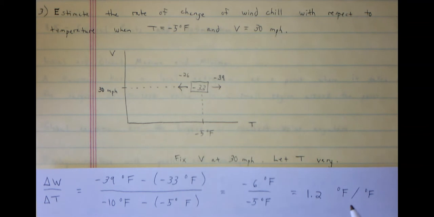Now the units seem a little awkward here, but what this says is for every 1 degree Fahrenheit increase in the temperature, the wind chill increases by 1.2 degrees Fahrenheit. And I think that should make sense. As the temperature increases, we would expect the wind chill to increase as well.